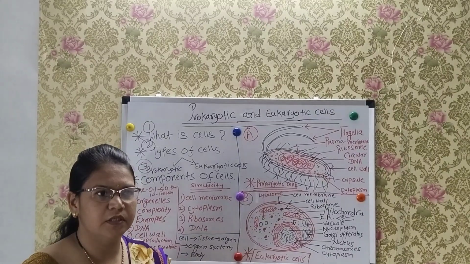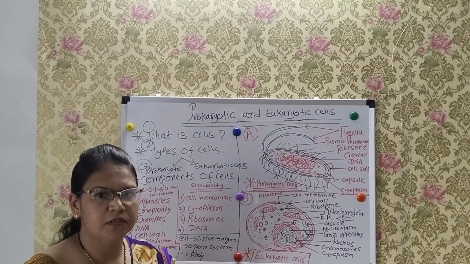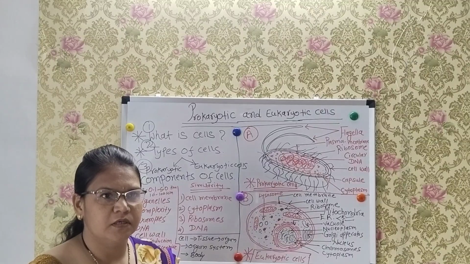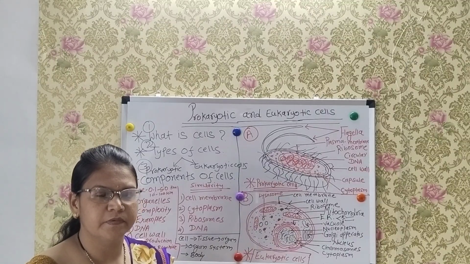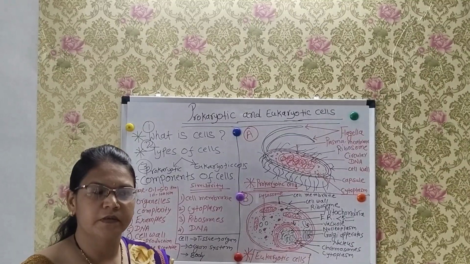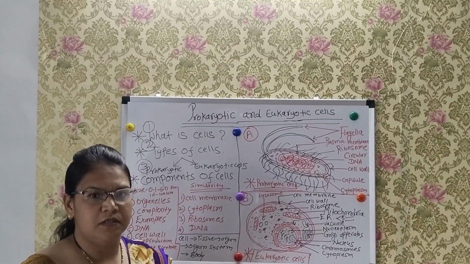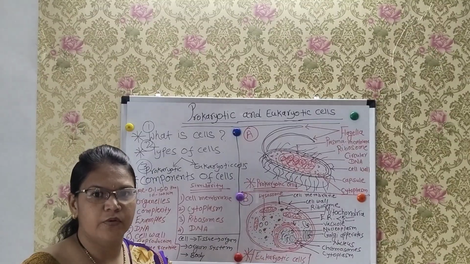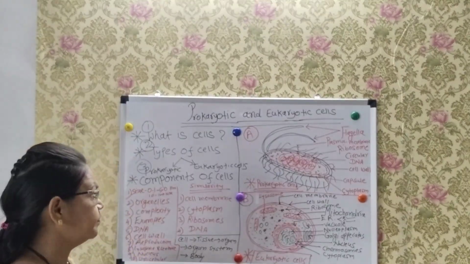Robert Hooke described the word cells for the first time in 1665. He described cells in his book named Micrographia.